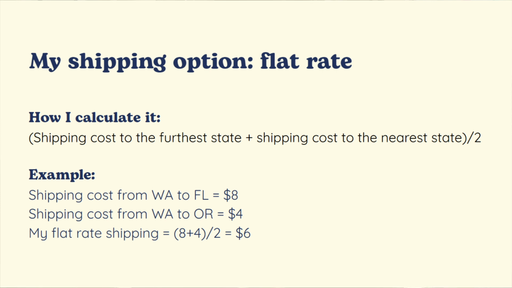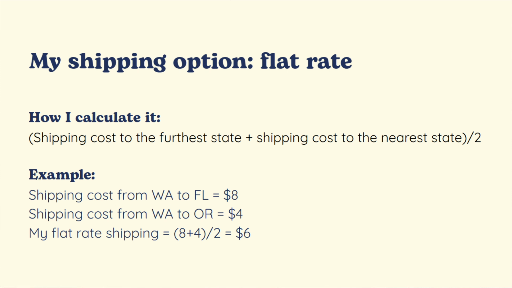And I can just pick a random address. It doesn't have to be a real address yet. Plug it in the calculator and see how much it costs. And I pick a random address from the state that is the furthest from my state, like Florida or something. I plug that in the calculator, see the cost of the shipping, and then I try to find a middle point.